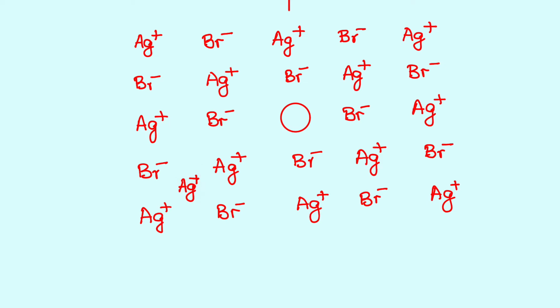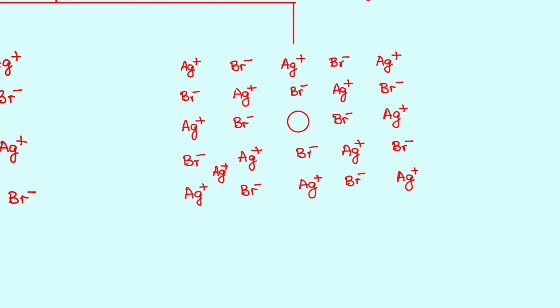So, what kind of defect is this? I have a vacancy over here, but at the same time, this ion hasn't gone missing completely. It's occupying an interstitial position. So, it's a vacancy defect, yes.